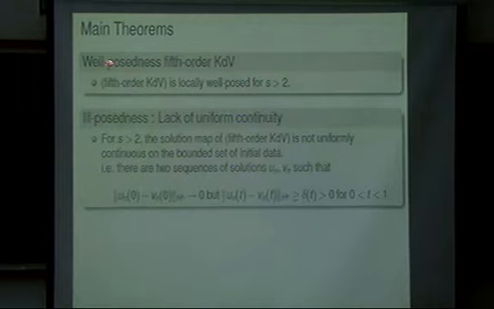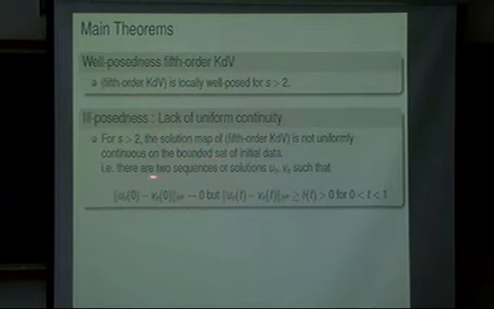Here, well-posedness means the standard meaning, which is existence, uniqueness, and continuous dependence on initial data. But the ill-posedness result is a lack of uniform continuity in the initial data, which means well-posedness and ill-posedness are not inconsistent, they are consistent. Which means the solution map is continuous but not uniformly continuous.